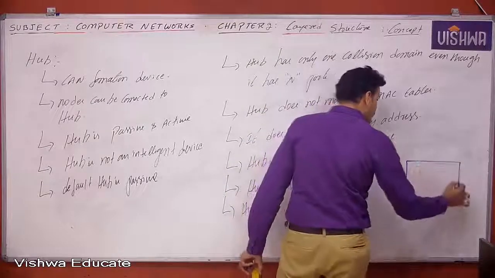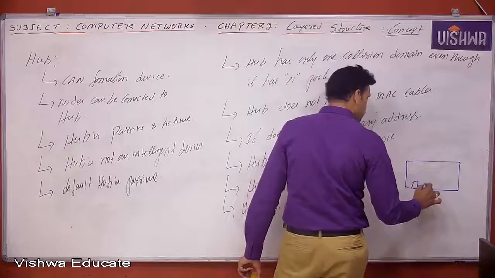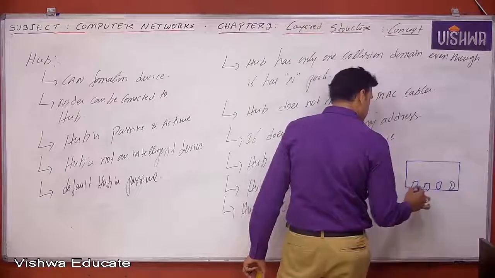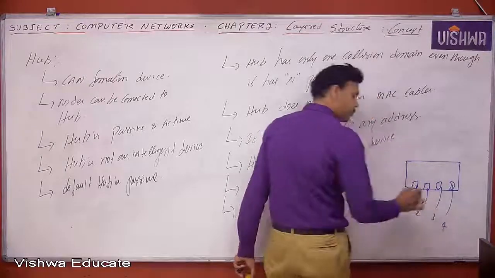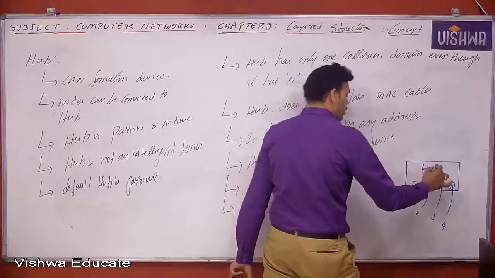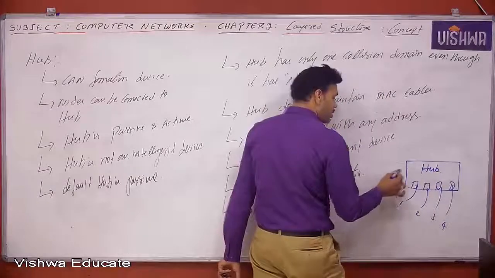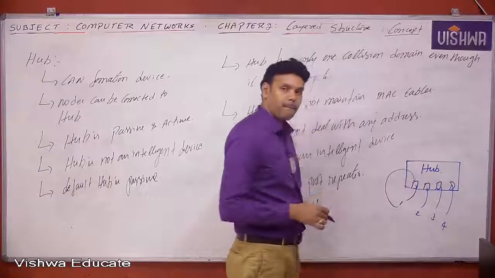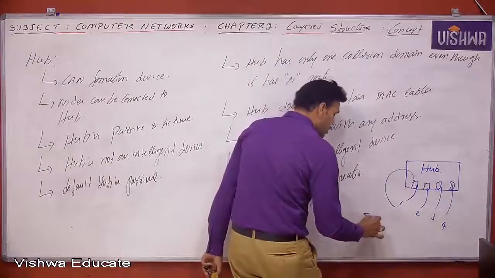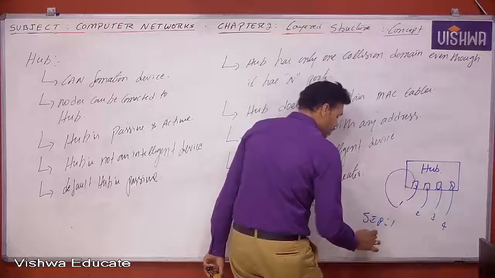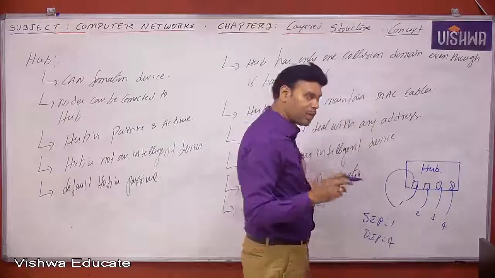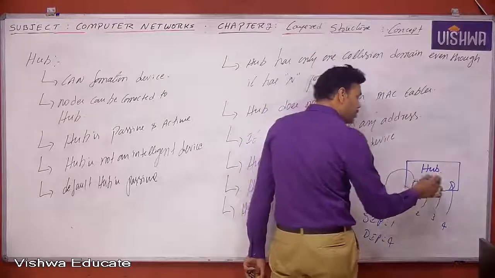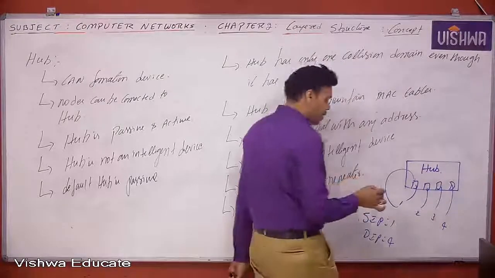When you take hub 1 and 2 and 3 and 4, whenever 1 transmits the data, source IP is 1, destination IP 4. But the hub doesn't know who is 1 and who is 4. Therefore, what is going to happen?